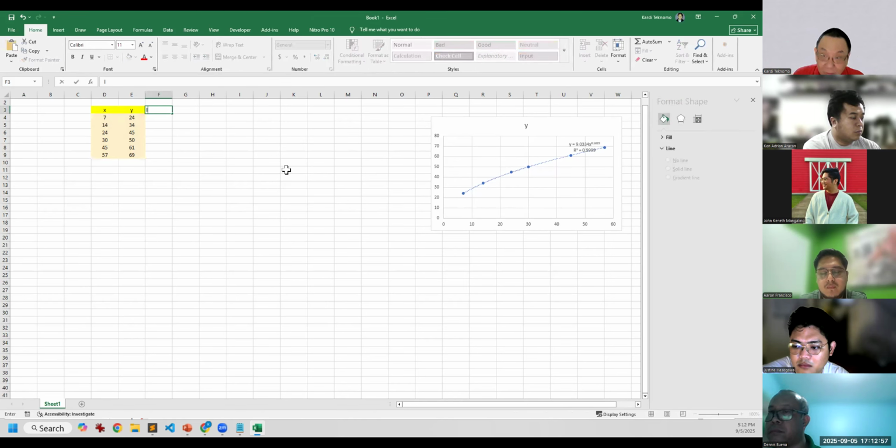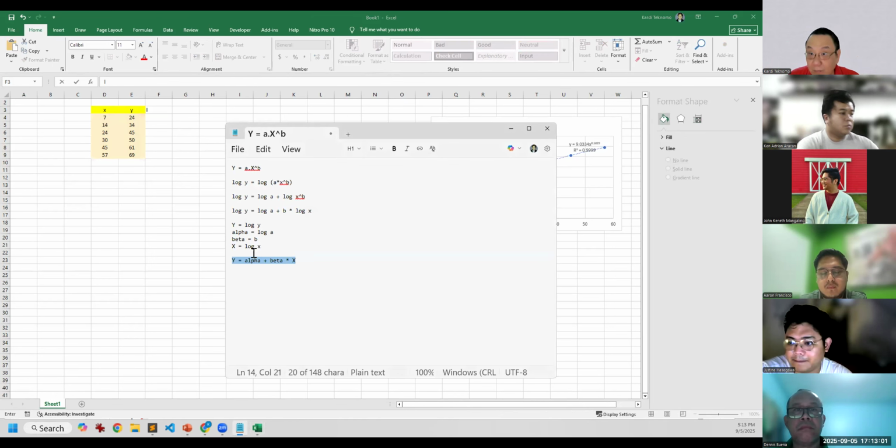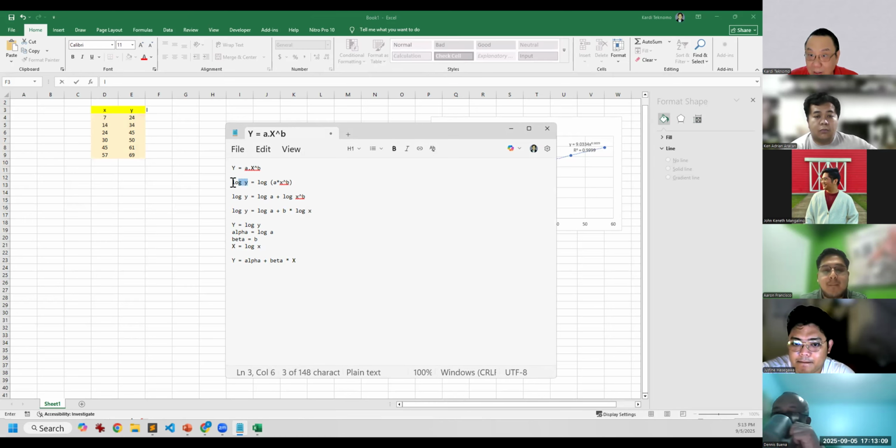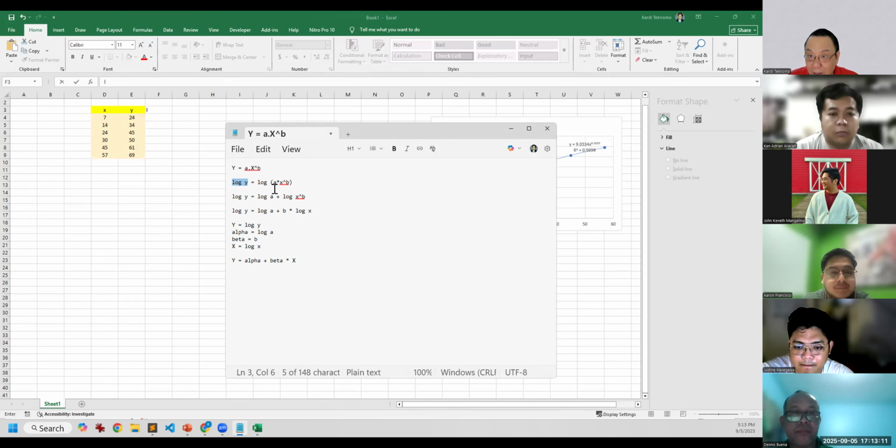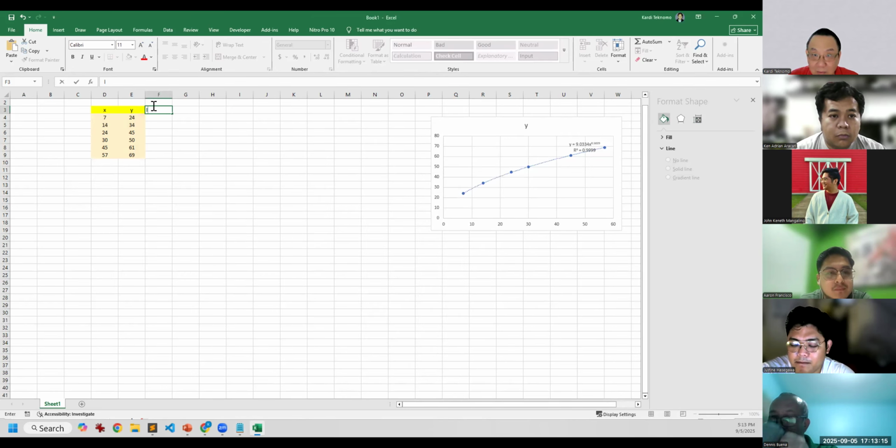I remember the formula from a while ago. This is the one that we will transform. We transform by having log y and then log x.